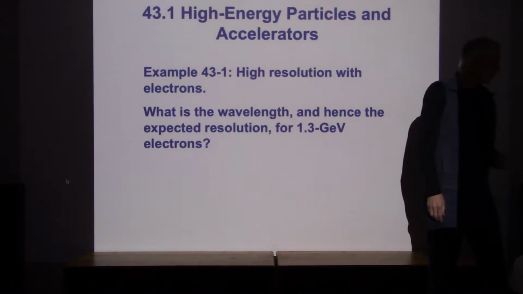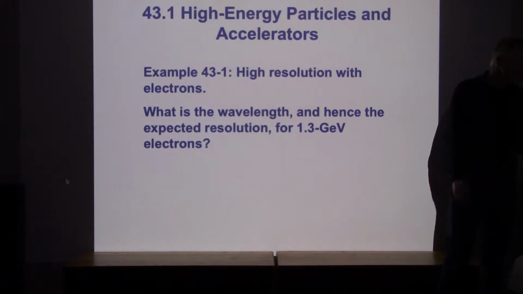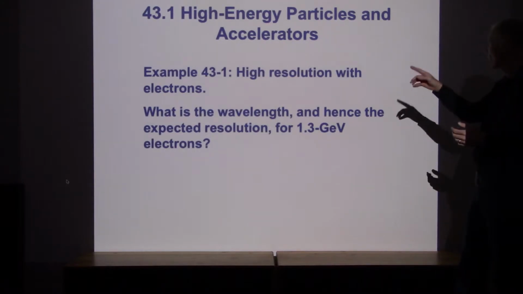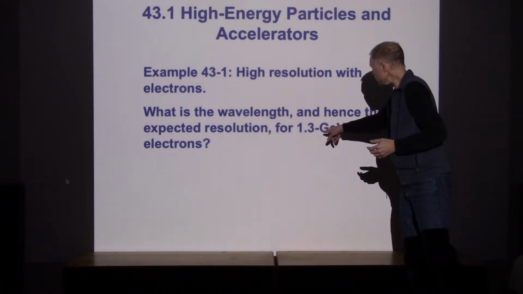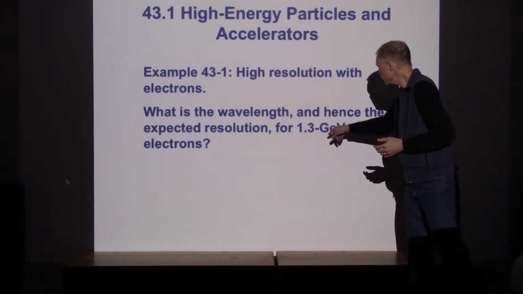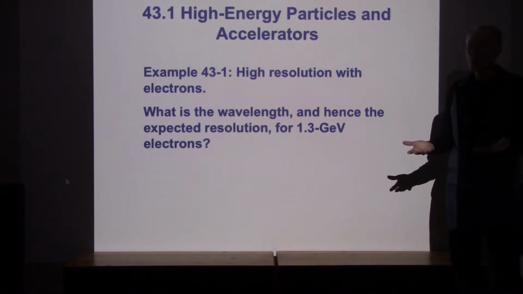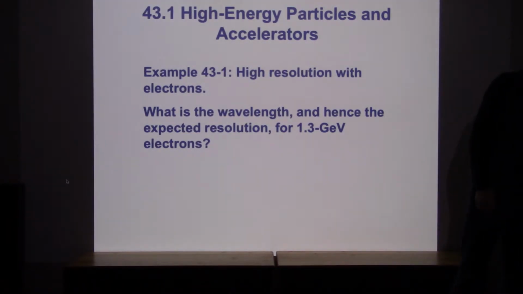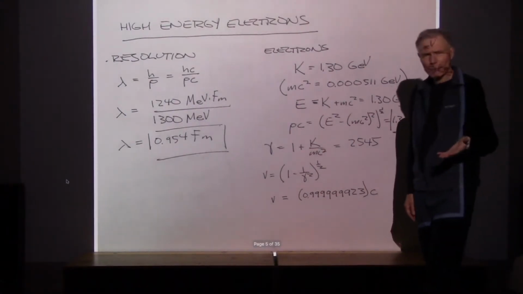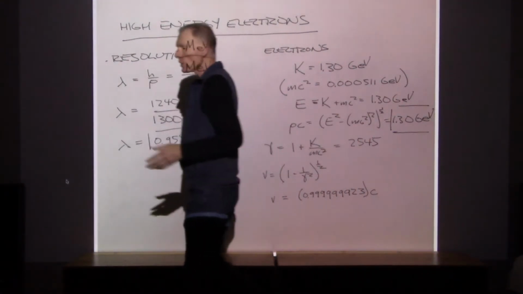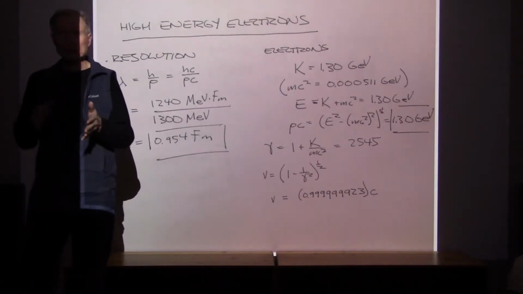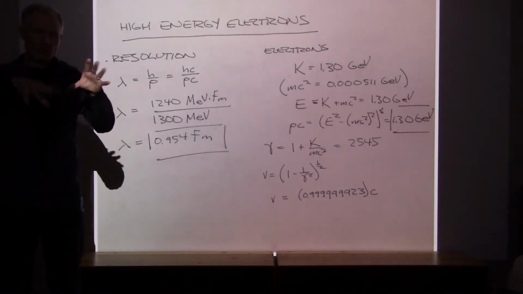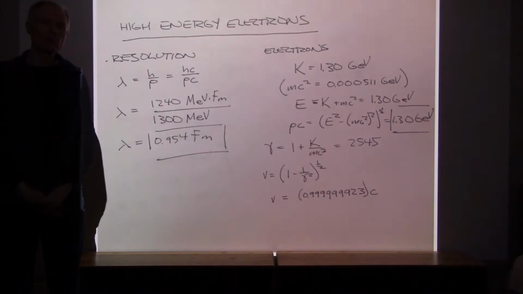Here it says that we're going to take electrons and bring them up to higher and higher energy, all the way up to a kinetic energy of 1.3 GeV. The G here is 1,000 MeV, that's 10 to the 9th eV. So we're going up to even higher energies here. And it's asking, what are the wavelengths of the electrons going to be like? Would these electrons be able to map out the inner workings of a proton or a neutron?